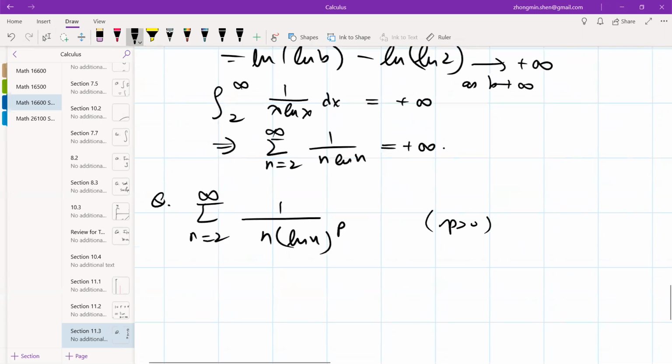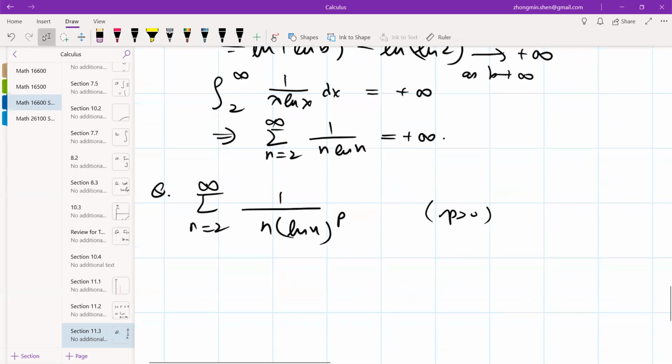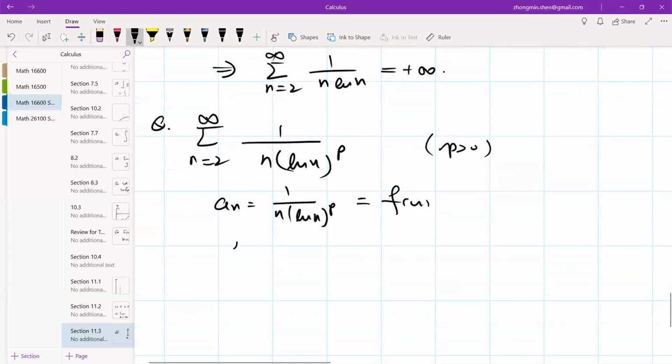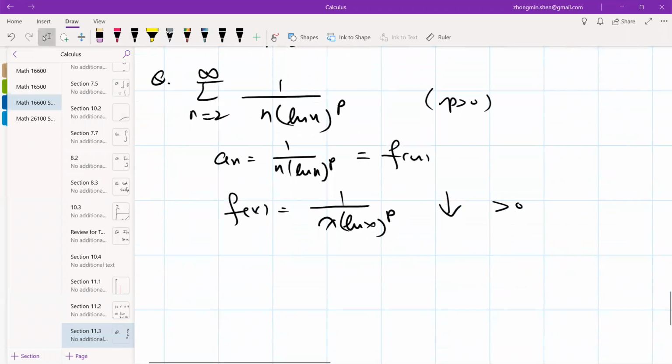So for the same reason, you do exactly the same. The term is going to be 1 over n natural log of n to the p, so that is going to be f of n. Okay, so here's a function that is decreasing, positive, and continuous. So you can apply the same test, okay?